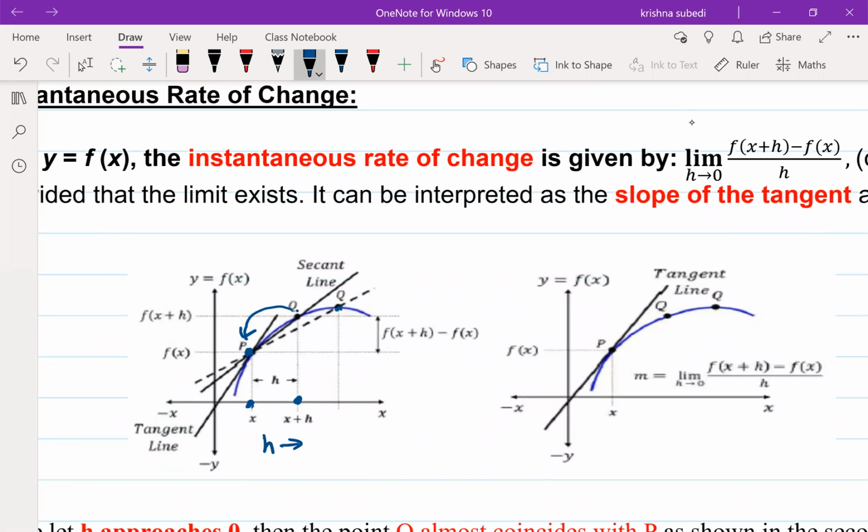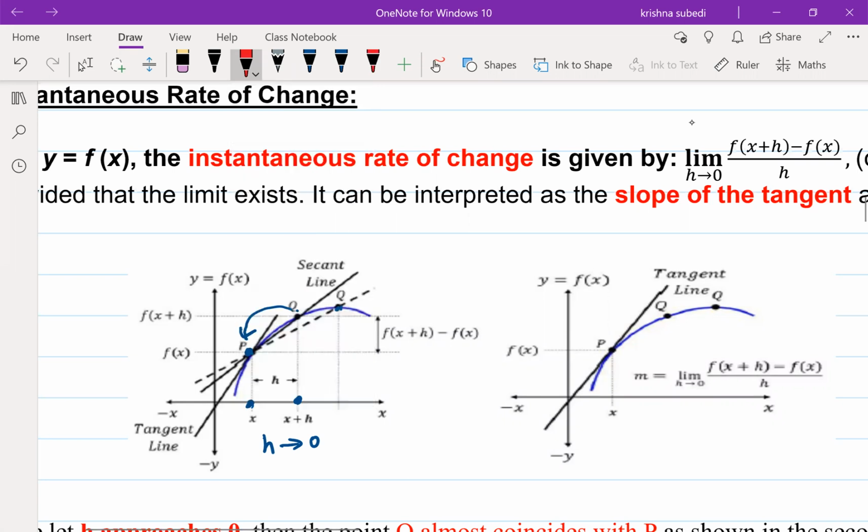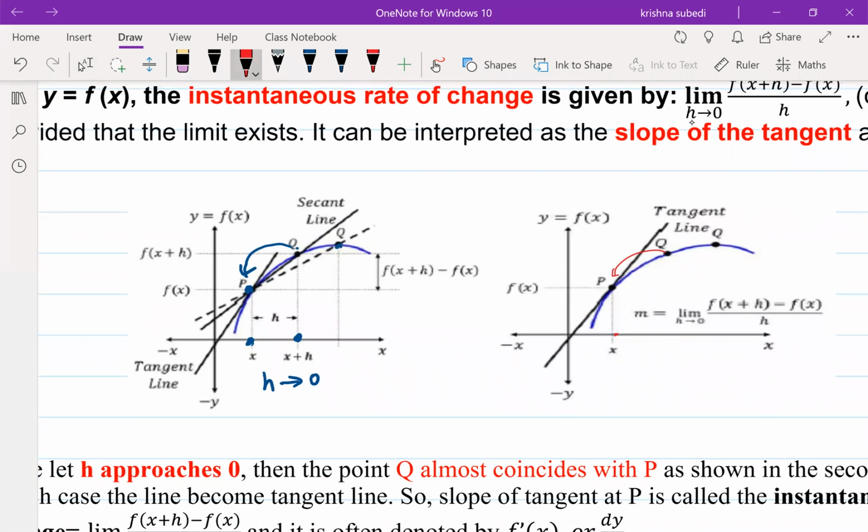If I take the limit as h tends to zero, then Q will come over to P, if h is extremely small. So in that case, P and Q just become almost 1 point.